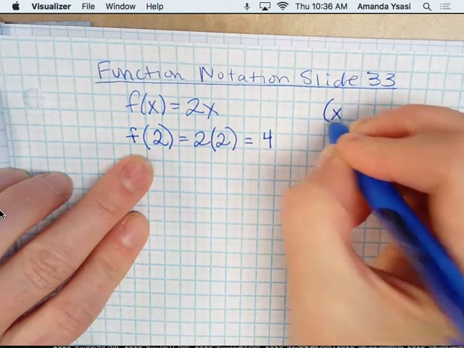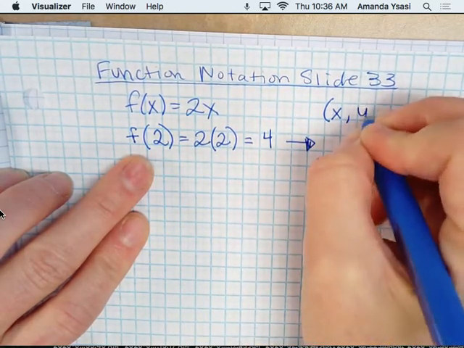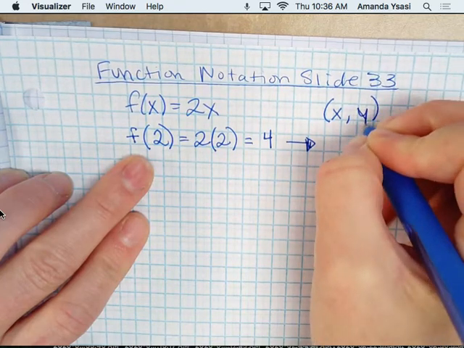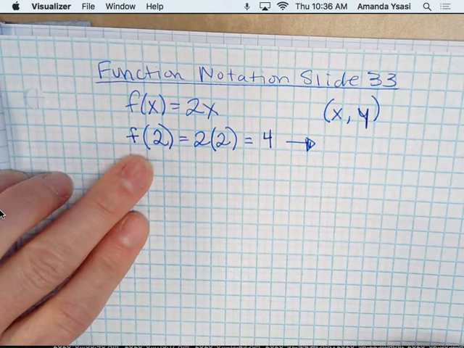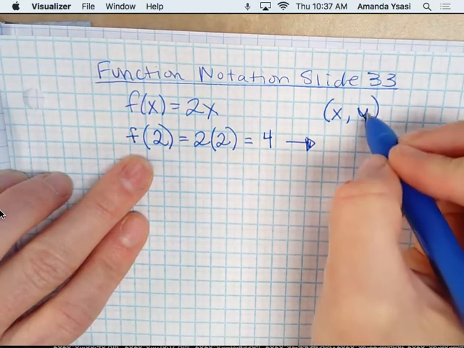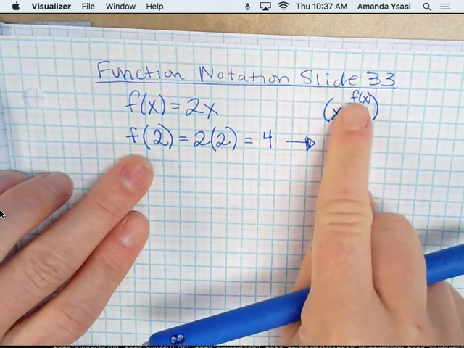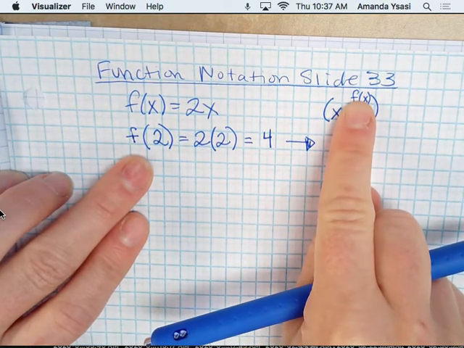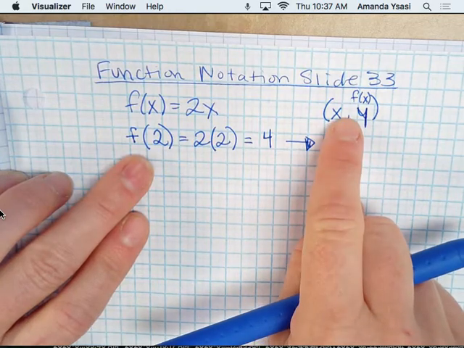So we're going to write this as an ordered pair. X, y. Where the y is the function of x. So we can use these interchangeably. F of x is y. X is just x.